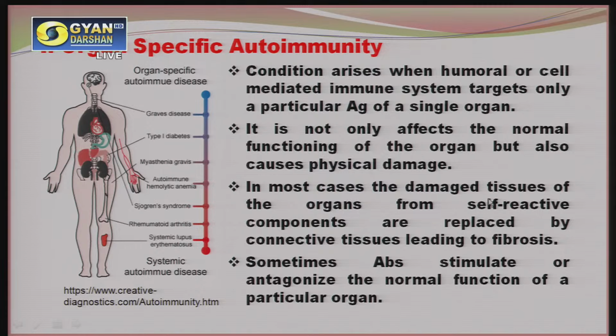In most cases, the damaged tissues of the organs are replaced by connective tissues, leading to fibrosis, and sometimes antibodies stimulate or antagonize the normal function of a particular organ. So various organs are involved, and they are able to develop autoimmunity. I want to discuss them one by one.